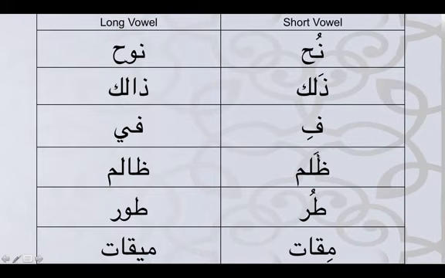So another example that I've done with the letter Fatha is I have placed a Fatha on the letter Va. But in this word, I have removed the Fatha, the diacritical mark, and I have replaced it with its long vowel cousin, the Alif. If this word was to be pronounced with the Fatha, this word would be the short version. This word on the right hand side that you see is the short version.